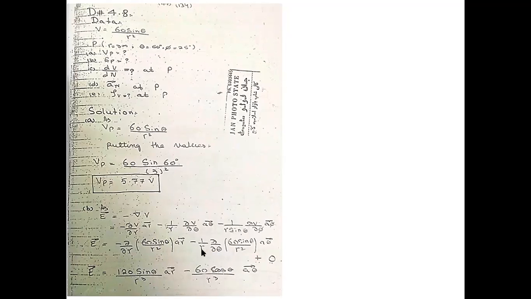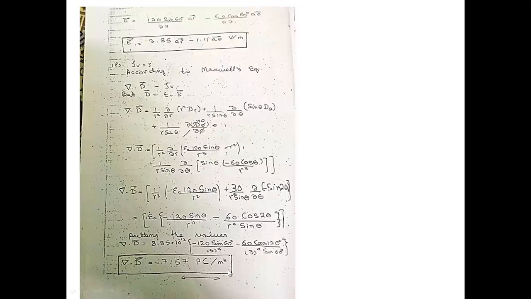And this r will multiply with this r square to get the r cube, while the derivative will only be applicable to the sine theta to get cos theta. Okay, so very simple.